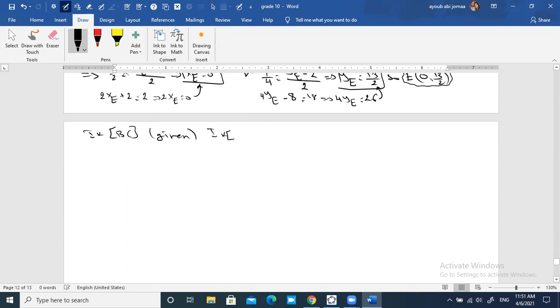I is the midpoint of AE by symmetry. Therefore, ABEC is a parallelogram. Diagonals bisect each other.